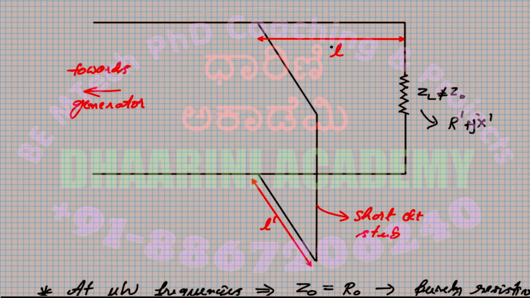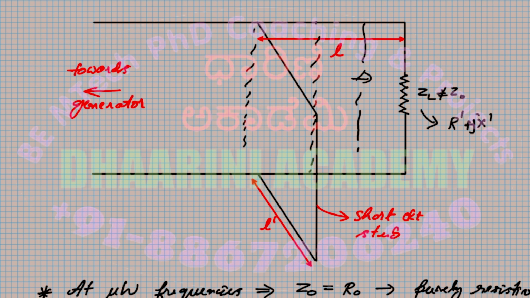But when you move a distance, on every point on my line I have different impedances. You measure here, you find a different value. You measure here, you get a different value. But I will move a distance L. It is not known so far.